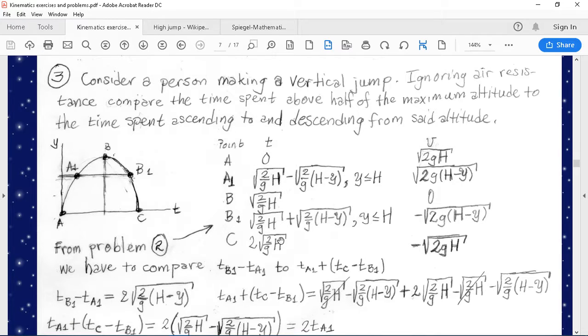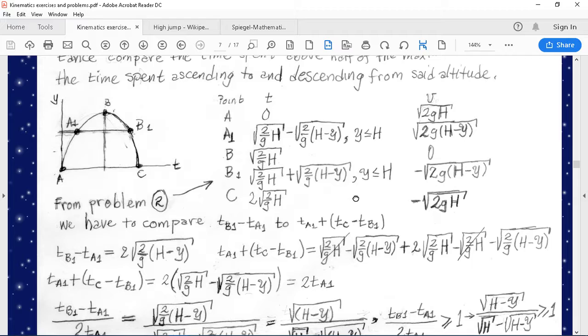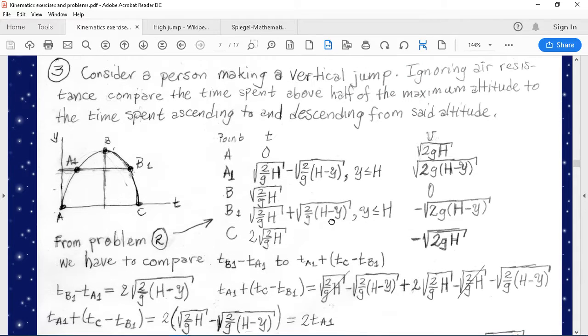And we had a list of times along with the list of velocities for each of these 5 points. So we were to find basically the ratio between the time spent above half of the maximum altitude and the time spent below half of the maximum altitude.